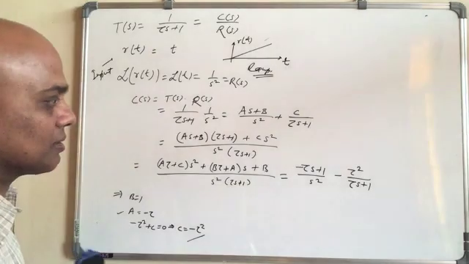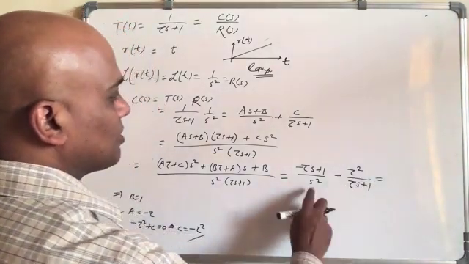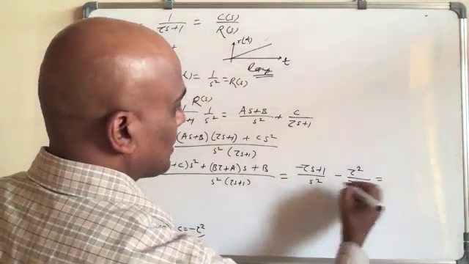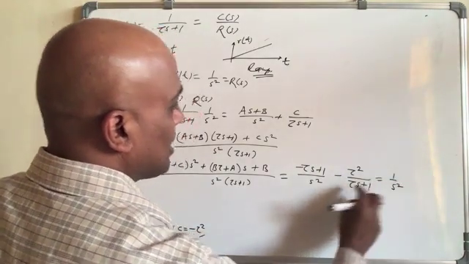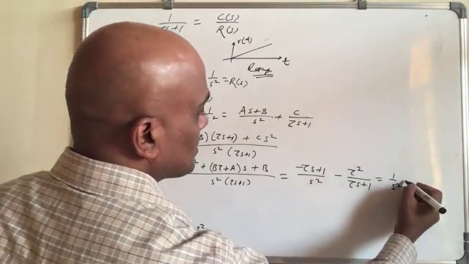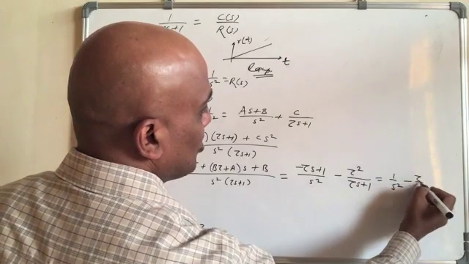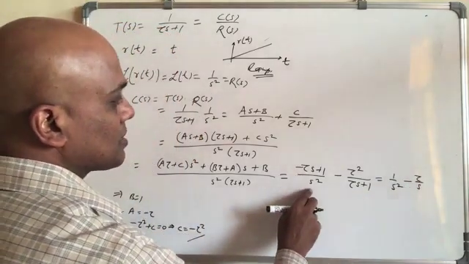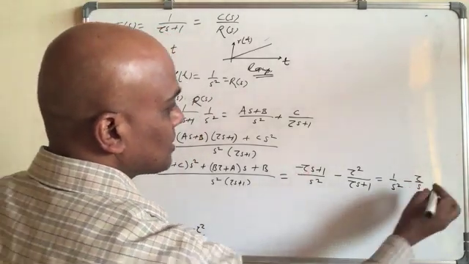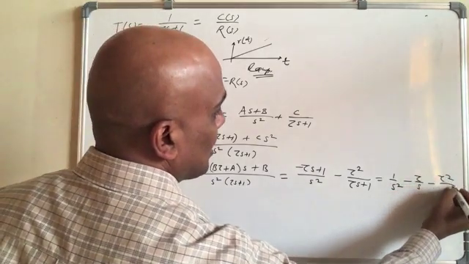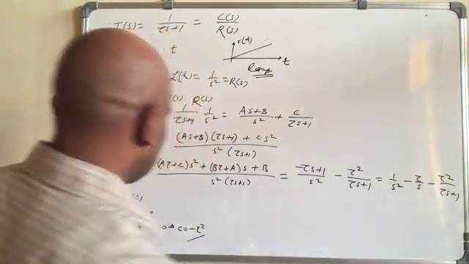That is equal to 1 over s square minus tau over s minus tau square over tau s plus 1. So that's what we get.